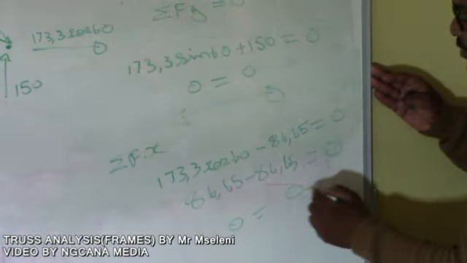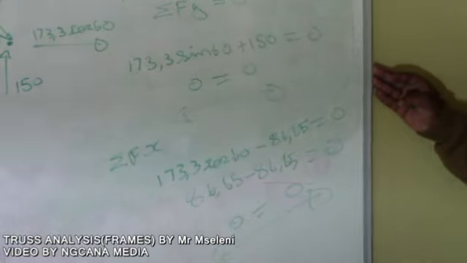Therefore, 0 equals 0, which shows that all your joints are in equilibrium.